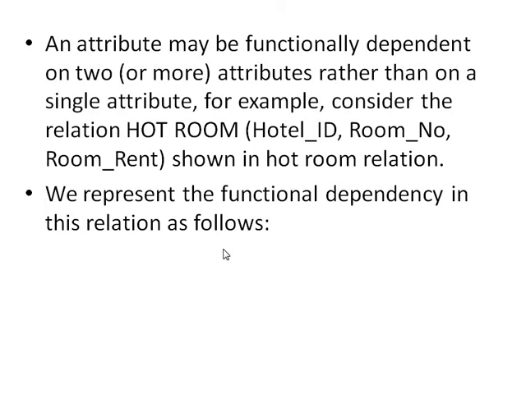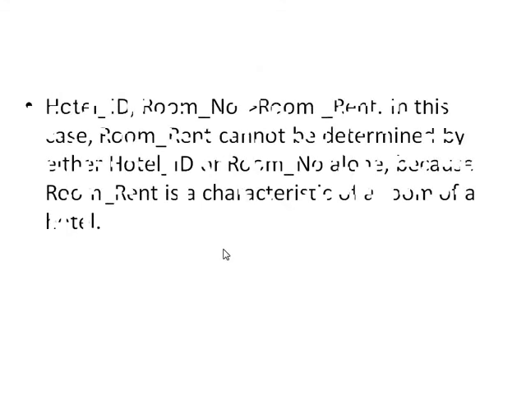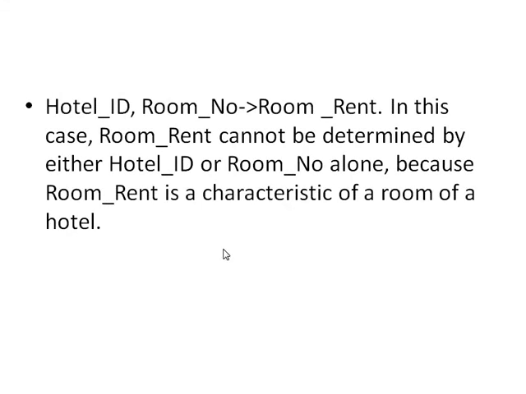So we represent the functional dependency in this relation as follows: hotel ID, comma, room number, arrow, room rent. That means room rent is fully functionally dependent on hotel ID and room number.